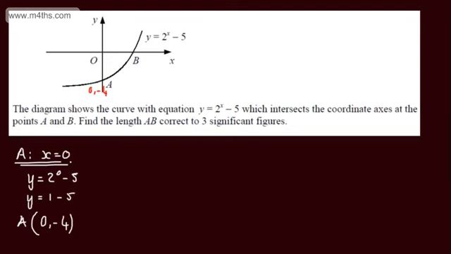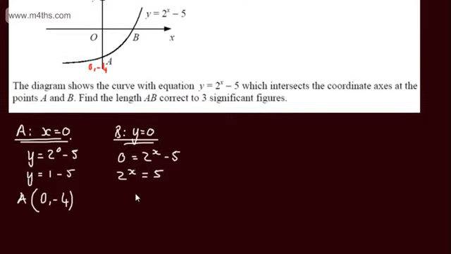If we now consider this point right here, that's B. For B, we've got y equal to 0. So subbing that in, we have 0 is equal to 2 to the x minus 5. So we can say that 2 to the power of x is equal to 5. We now need to solve for x, and we've seen this in previous videos.